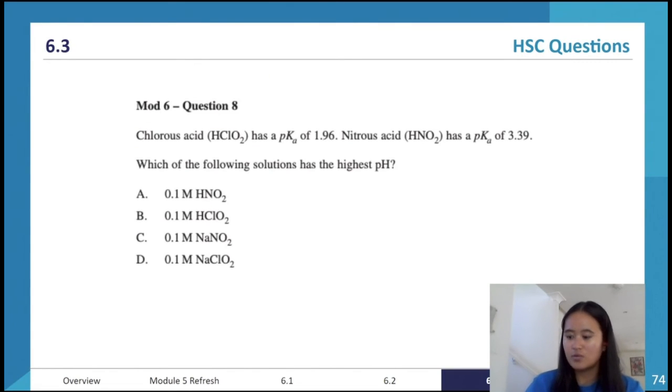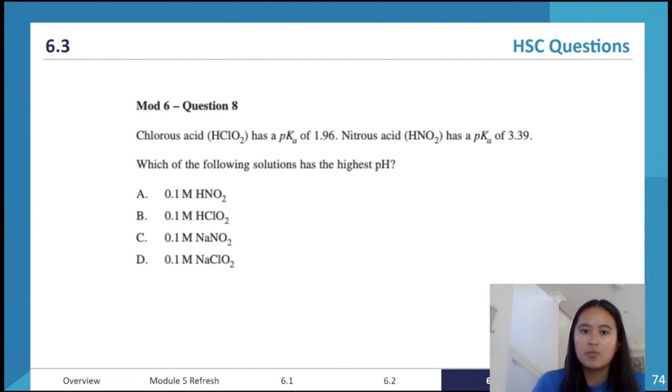So, some final practice questions before I go into either overtime or talking too much about my general HSC advice. Chlorous acid, HClO2, has a pKa of 1.96. Nitrous acid has a pKa of 3.39. And then it asks which of the following solutions has the highest pH.